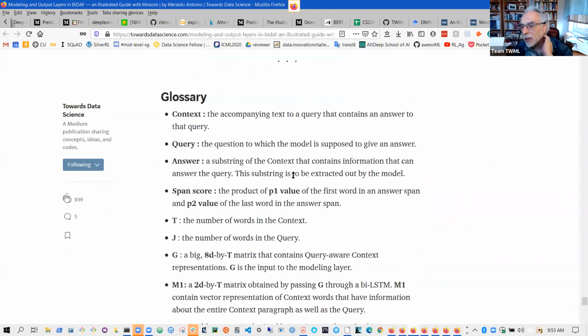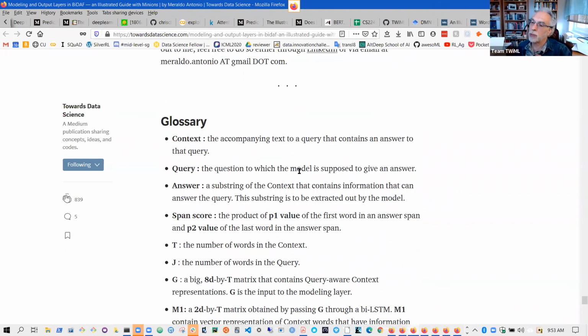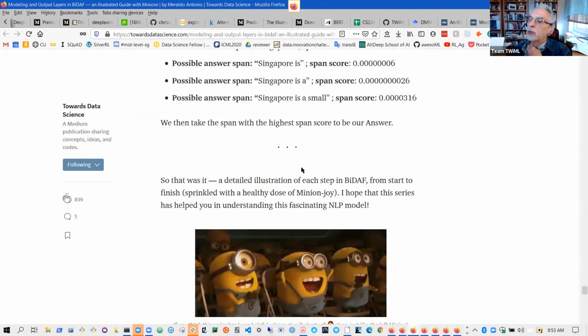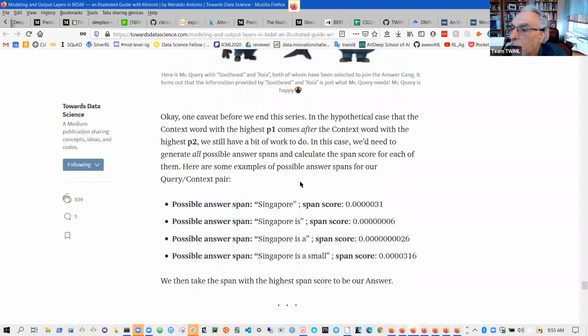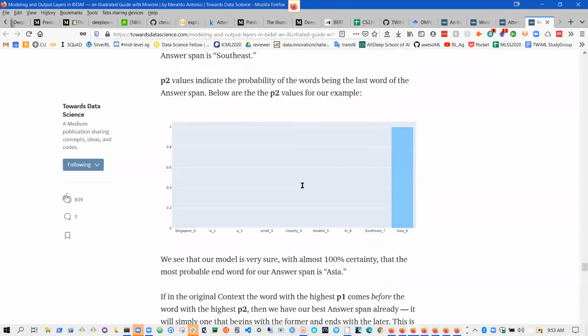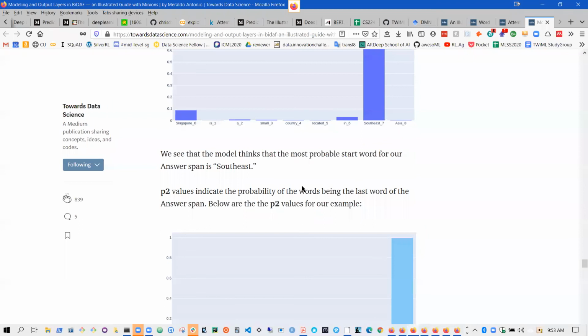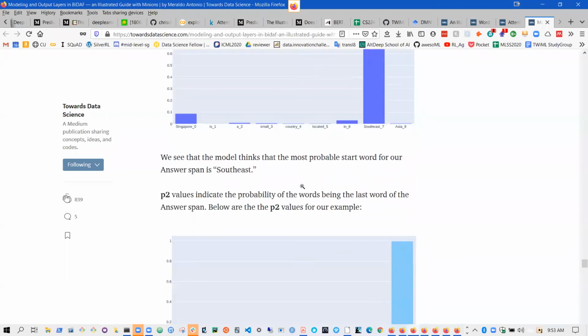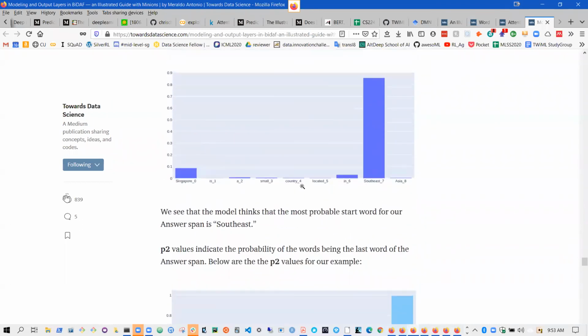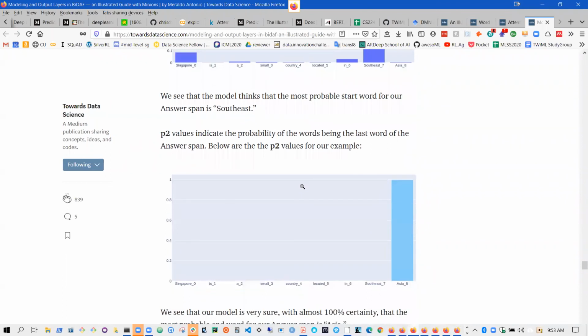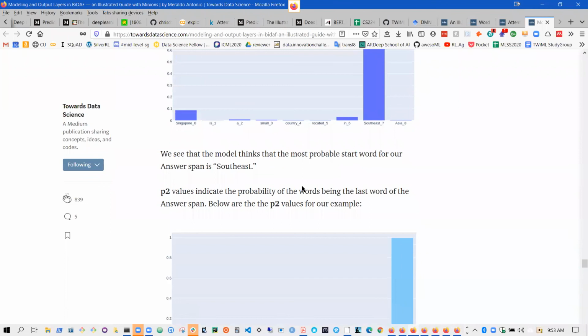Okay. But I thought he switched from computing P1 times P2 to just looking for the maximum of P1 and the maximum of P2. No, that's where I got a little confused. It's P1 times P2, the max of the products, because P1 is the probability of a word being the start of your answer, and P2 is the probability of that word being the end of your answer.